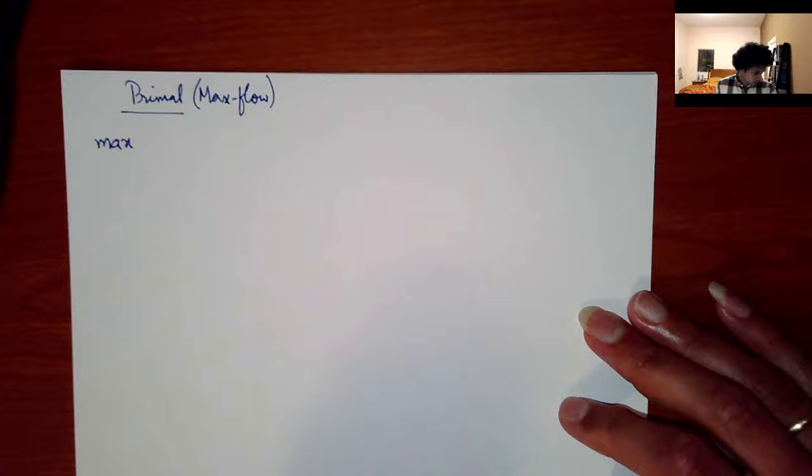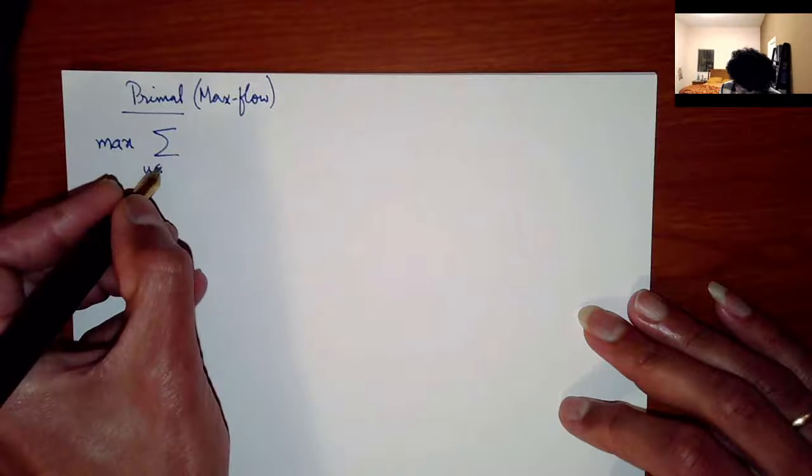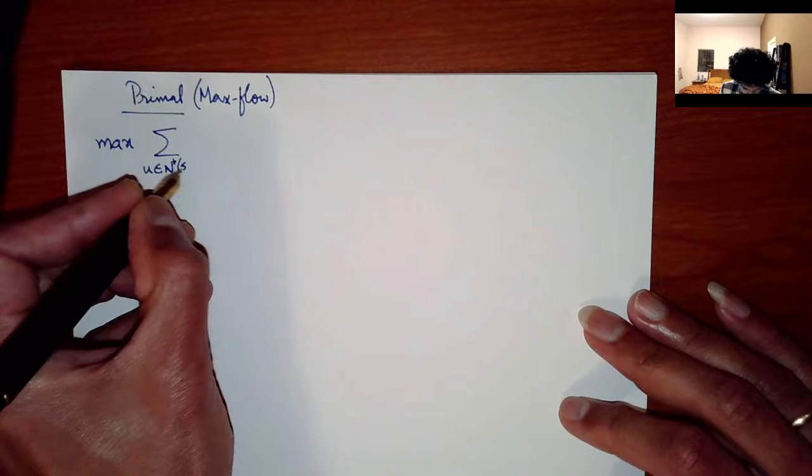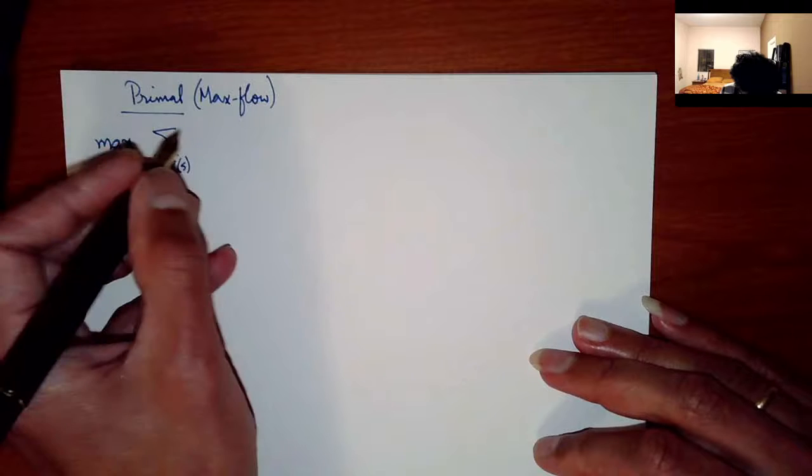So what are you maximizing? You're maximizing the sum over U in the out neighborhood of S. I think I've flipped the picture here. Well, let me go with this and we'll see what happens.